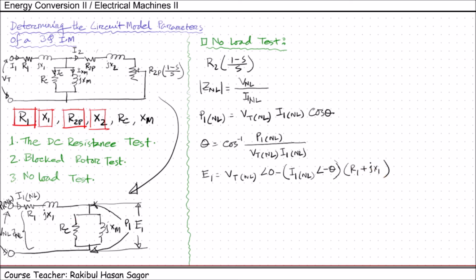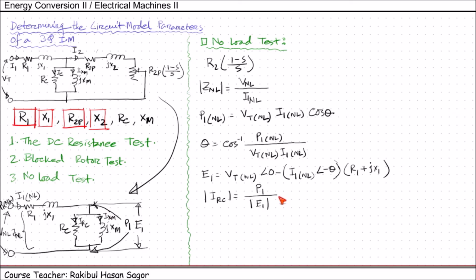Now let us consider the current through RC is IRC and the current through XM is IXM. So we can write the magnitude of IRC is equal to P1 divided by the magnitude of E1. How can we get the value of P1, which is the power consumed at this terminal?